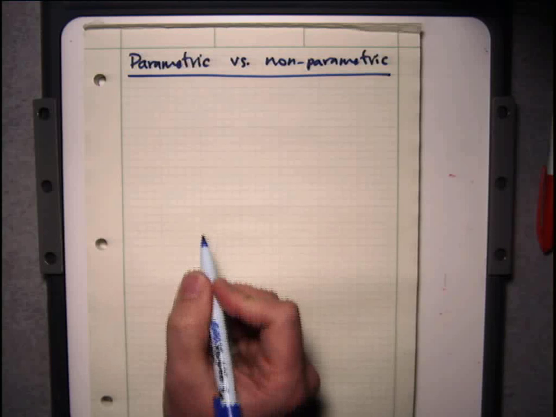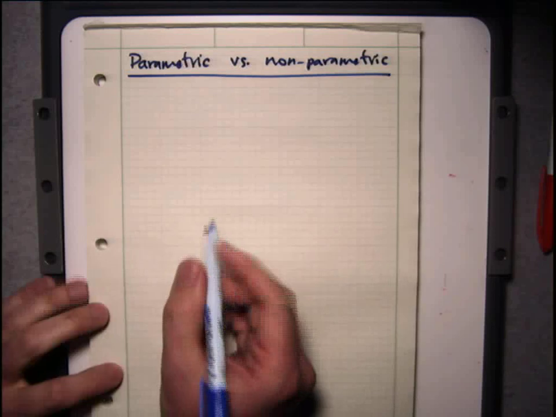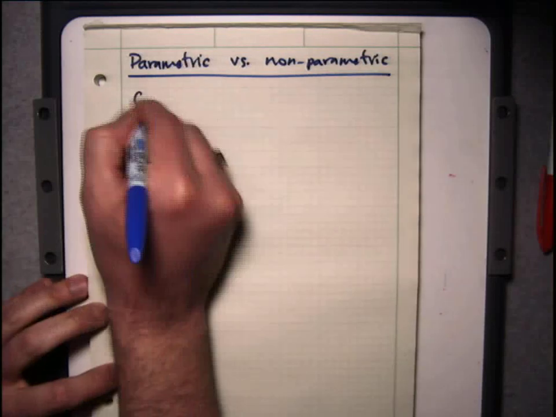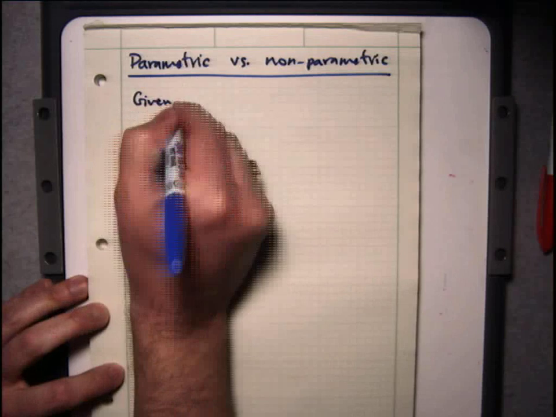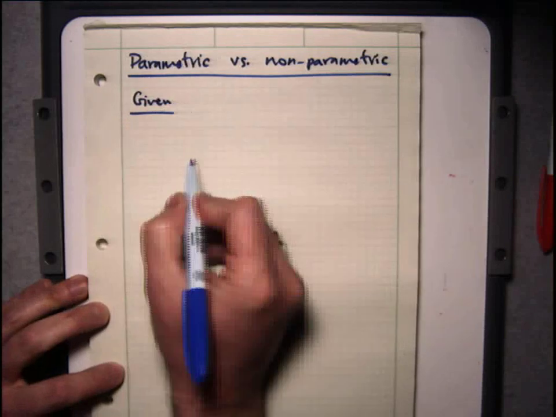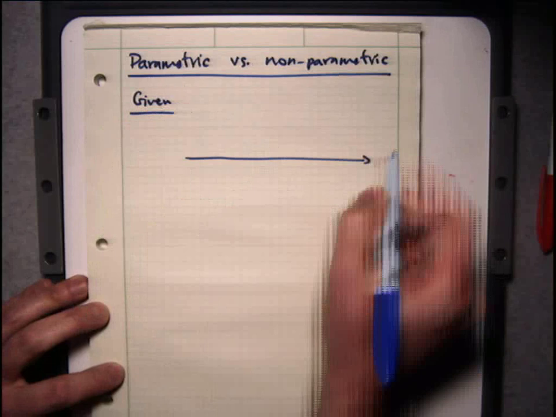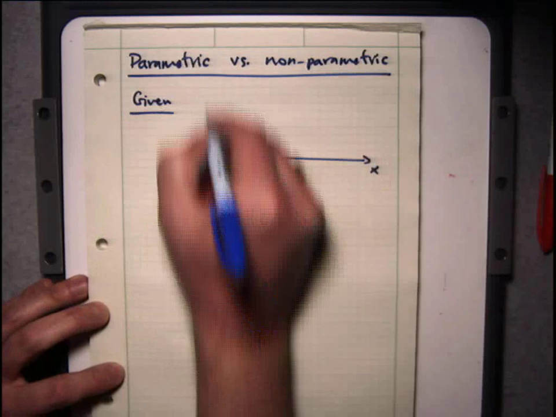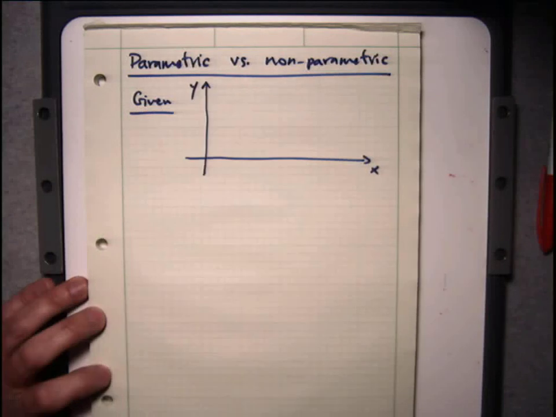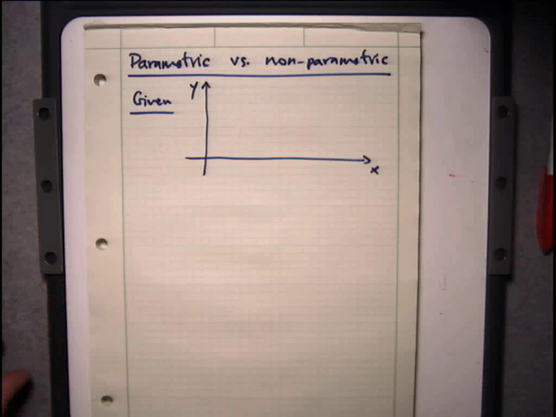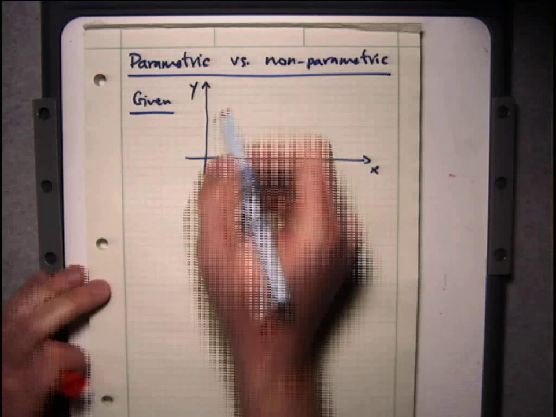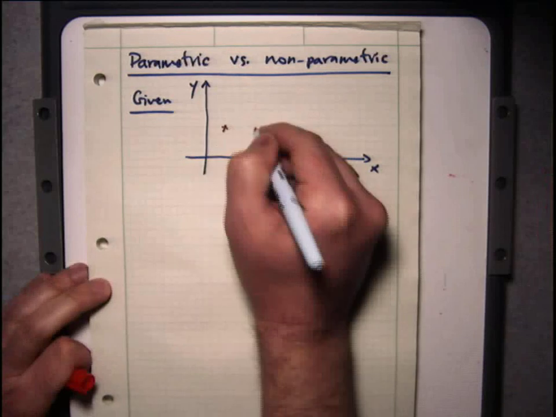Okay, so suppose you're given a bunch of data as follows. Let's say here's the x-axis, and here's the y-axis. And let's say I give you a bunch of data points like this.